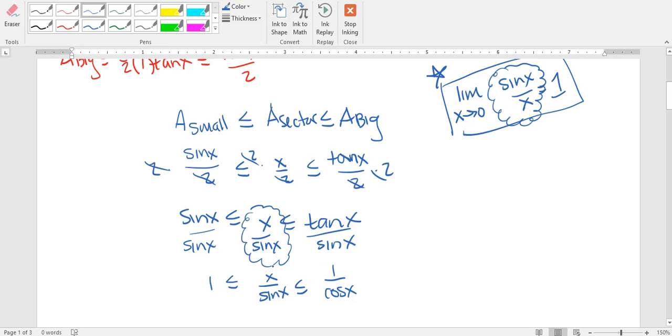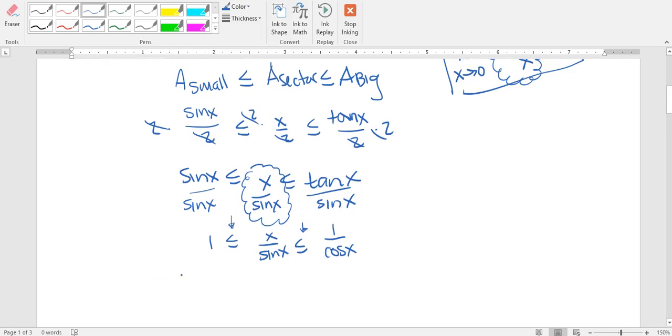What we could do is reciprocate it, but if we reciprocate this one, we have to reciprocate the other ones, and we also have to reciprocate the inequality symbols as well. So the reciprocal of 1 is just 1. The reciprocal, or flip if you will, of the less than or equal to would be greater than or equal to. We'll flip the middle term, we'll flip the next inequality symbol, and we'll flip the last term.